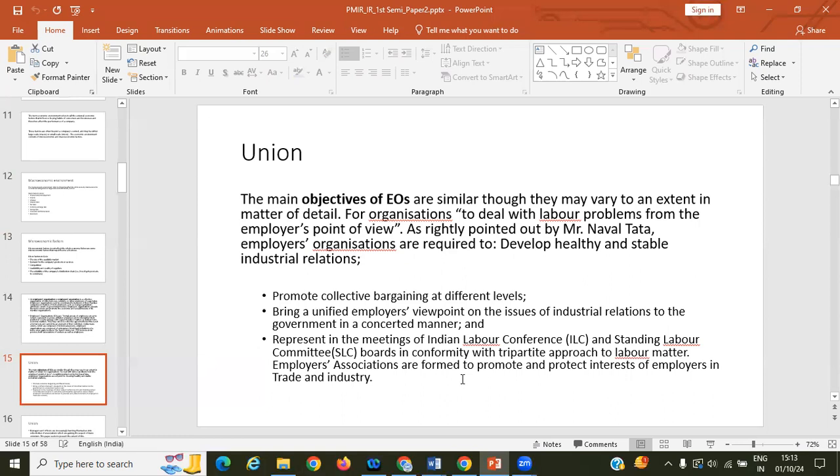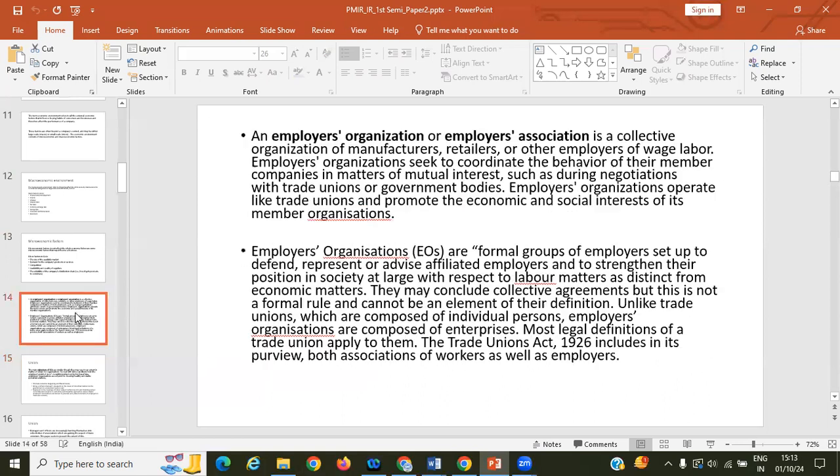Actually, it's for the members, whether employers or employees. The union is promoting and helping the interest of its members. So these are the main objectives of the organization.